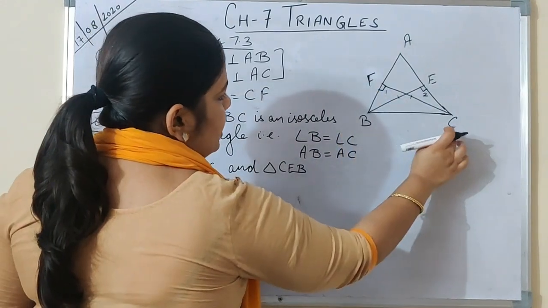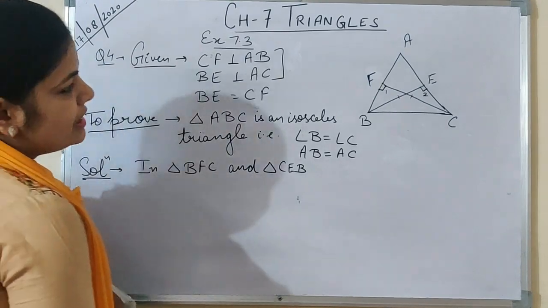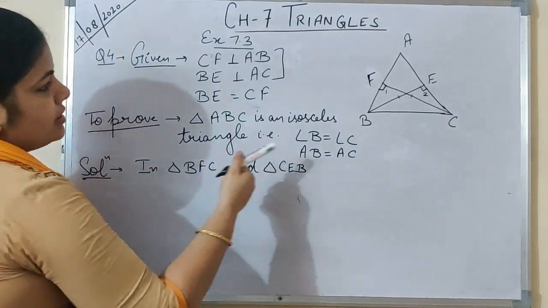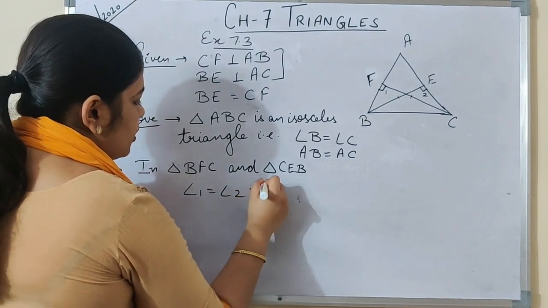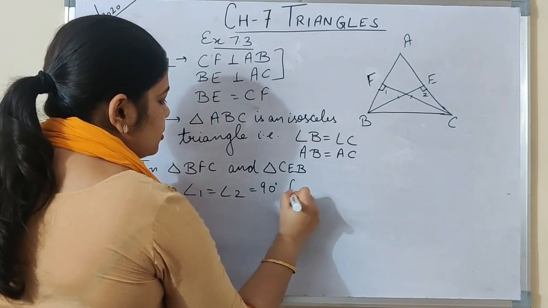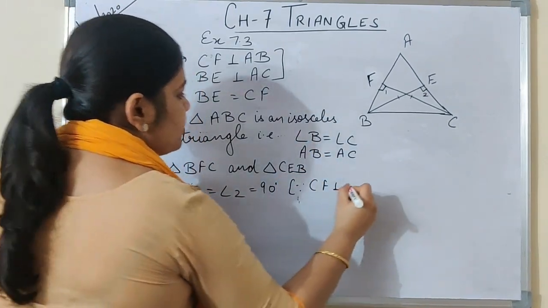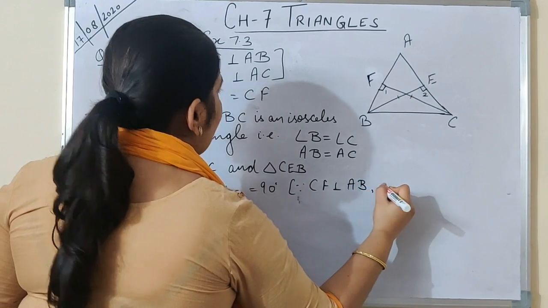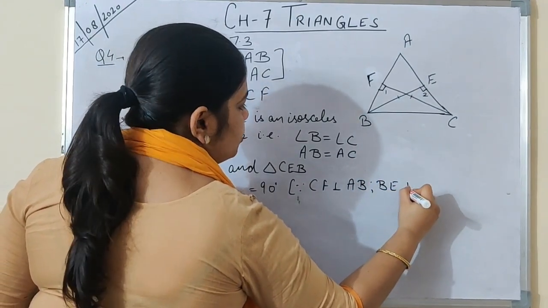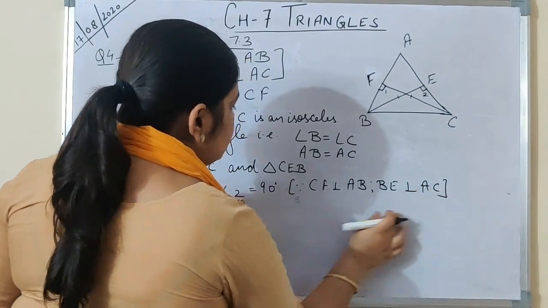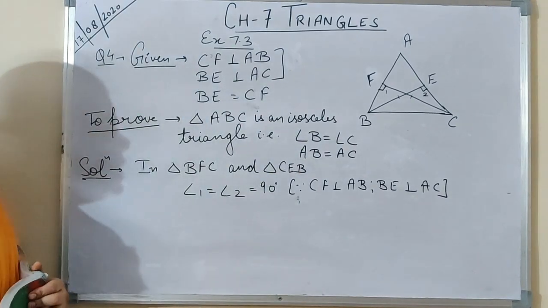Okay, BFC and CEB. Now here you can see that as it is given to us that angle 1 is equals to angle 2 because of 90 degree each. So we will write it here that because it is given that CF is perpendicular to AB and BE is perpendicular to AC, due to these two conditions, angle 1 is equals to angle 2 is equals to 90 degree.